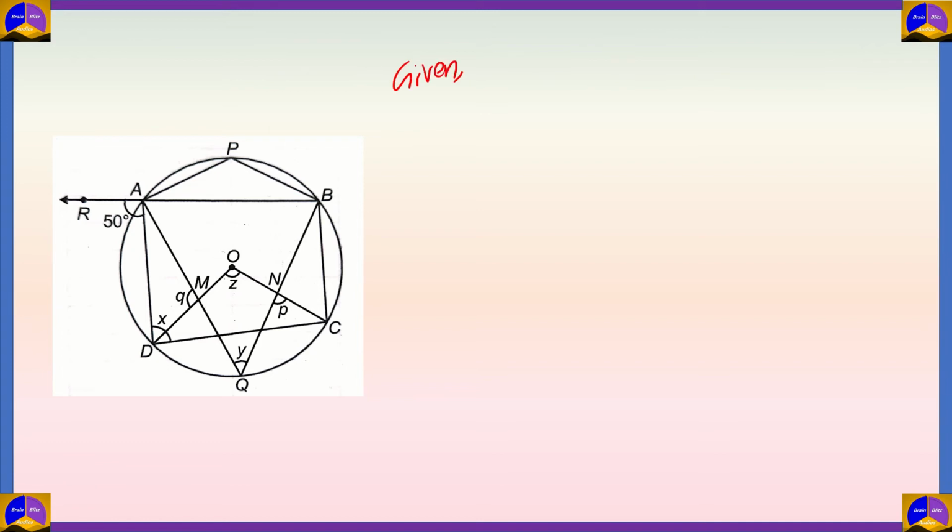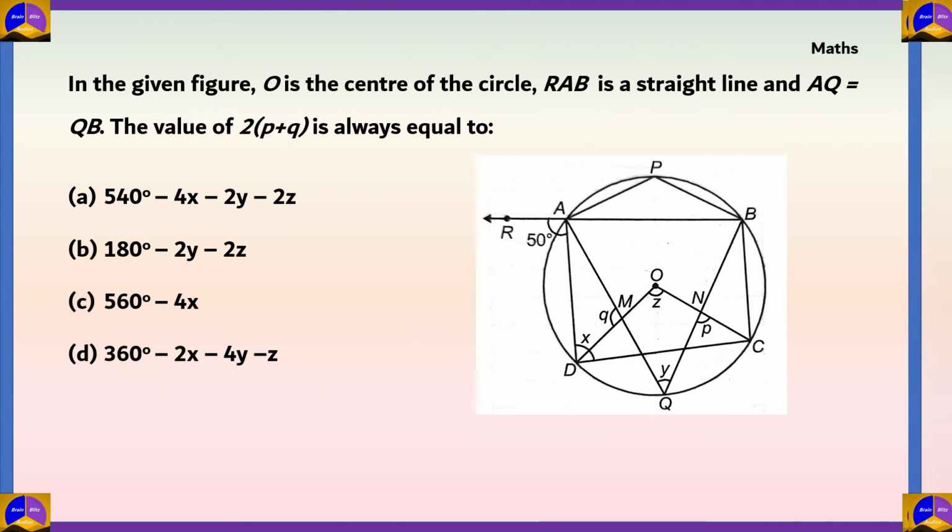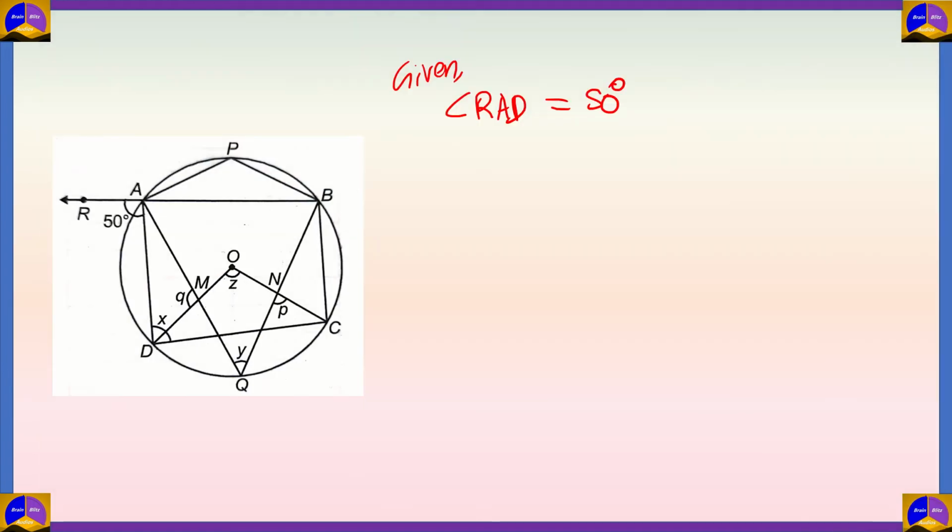Now, in the figure that comes with the question, we see that angle RAD is equal to 50 degrees. And it is also given that RAB is a straight line. So that means angle RAD plus angle DAB would be equal to 180 degrees.